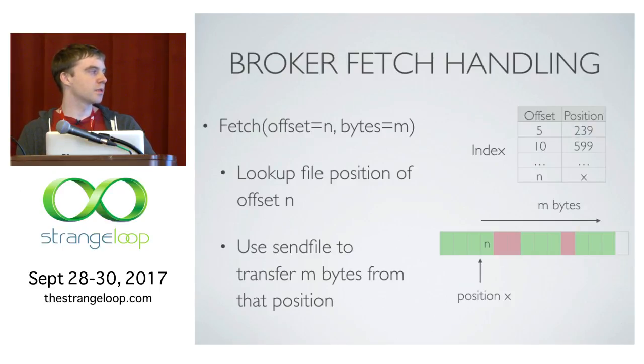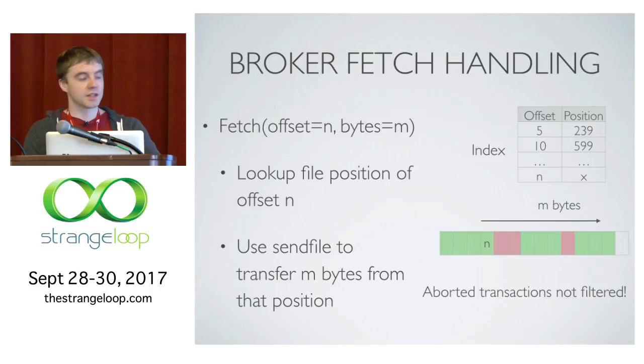In order to avoid having to do any kind of filtering on this data, which would require us to take it into memory and lose that zero copy, we don't filter the aborted transactions. So they actually get returned to the client, and the client is the one that's responsible for filtering.